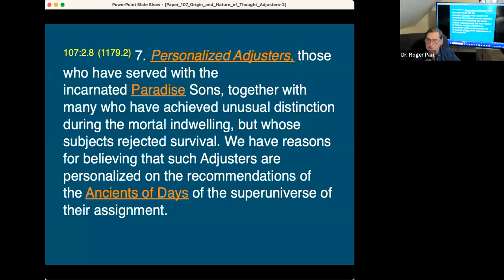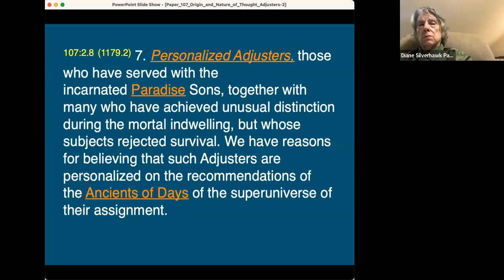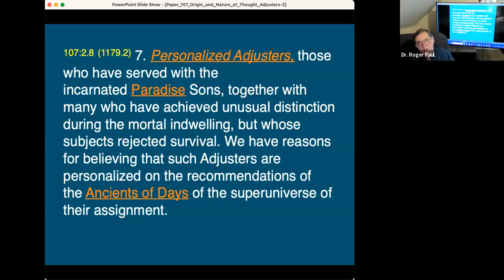That's important that you understand that, because those 3 years, about 3 years that Jesus did his ministry, Jesus did his ministry wholeheartedly as a human being, okay, without an adjuster. The adjuster was always there with Jesus as a personalized adjuster, so that the adjuster could also experience all that went on with Jesus.